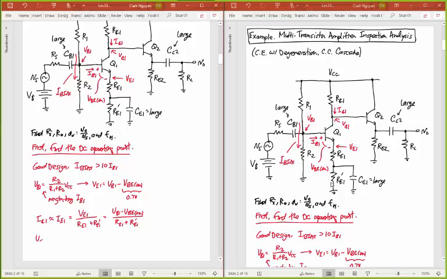And so I can write out VC1 as just being equal to VCC minus the drop across resistor RC, which is just going to be IC1 times RC. And that then is also going to be equal to the voltage at the base of Q2. So I can call this node here not only VC1, but also VB2.